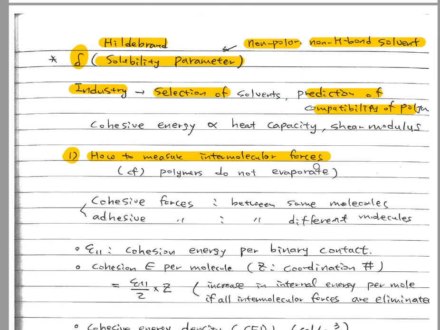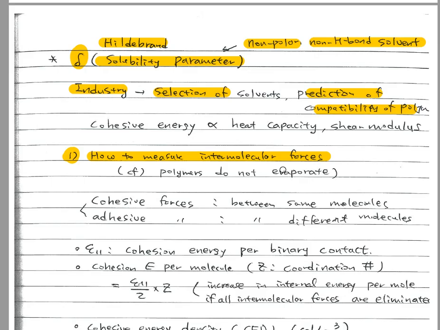So let's assume that we have some molecules, solvent, polymer, etc., whatever. Then the easiest way to determine intermolecular forces is to heat it up. You just heat up, for example, some solid or liquid samples, and as the temperature goes up, at some point it reaches boiling point and it will evaporate.